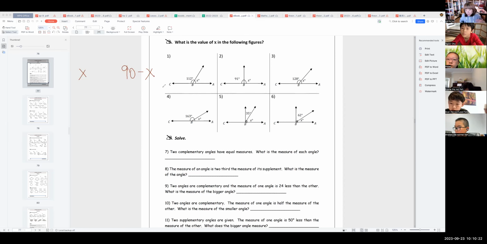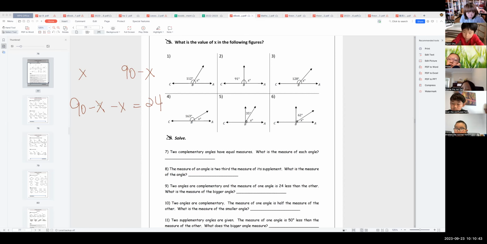What does that mean? It means the two differ by 24 degrees, correct? Okay, so that means one of them minus the other equals what? Everybody? 24. Very good. 24.